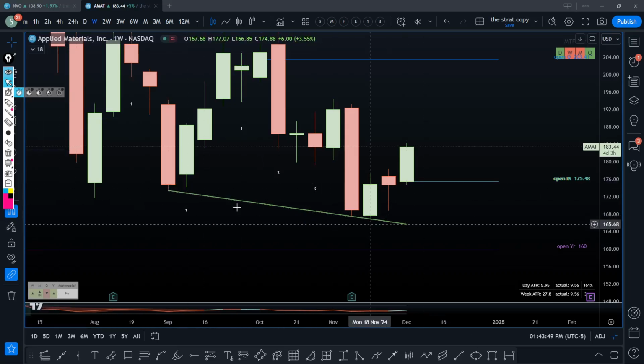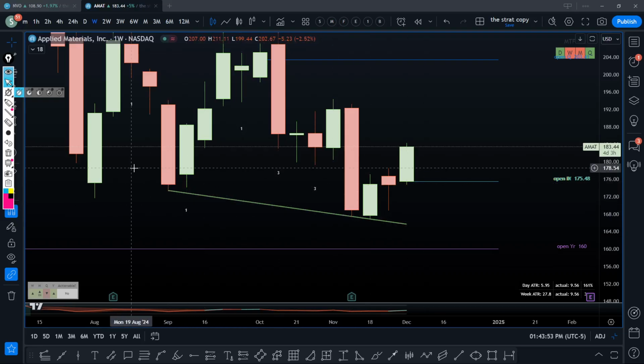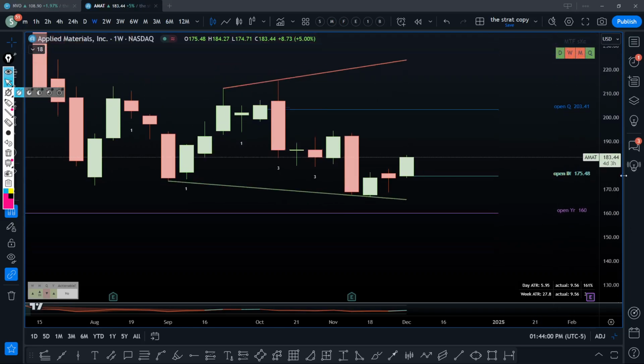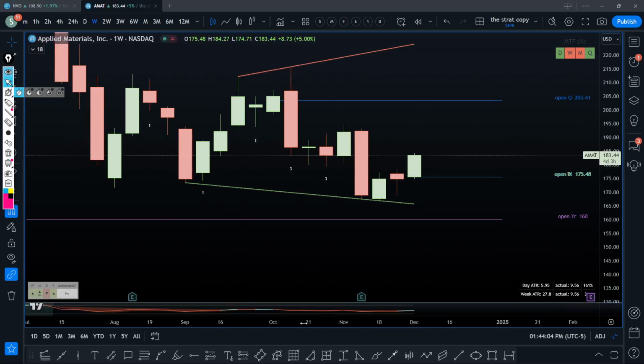We do have this broadening formation that AMAT is using as support. So that's kind of our range right there on the weekly.